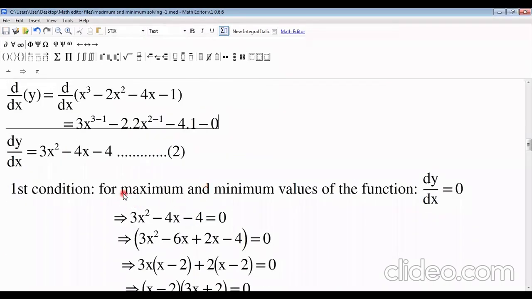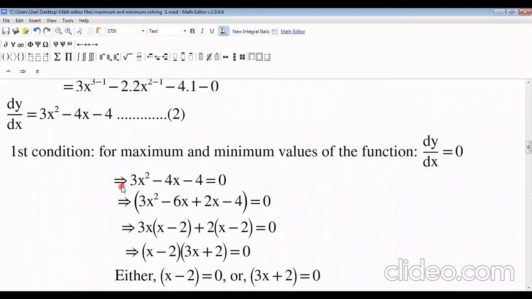Now the first condition for finding maximum and minimum values: dy dx must be 0. We must remember this condition. So dy dx equals 3x square minus 4x minus 4 equals 0. Factorizing by splitting the middle term: 3x square minus 6x plus 2x minus 4 equals 0. Why 6 and 2?